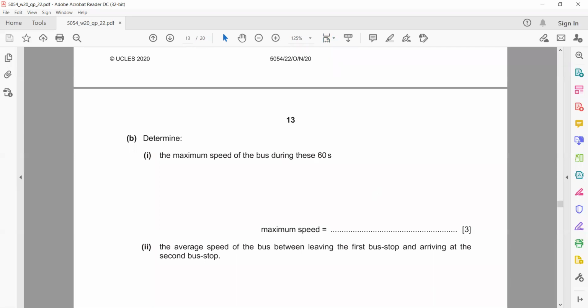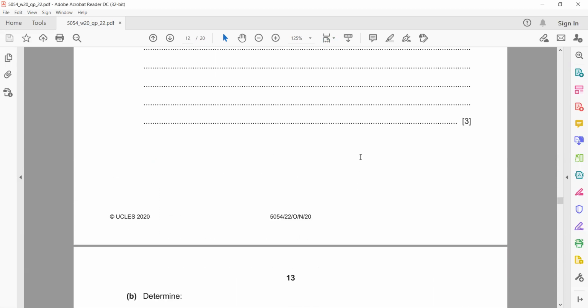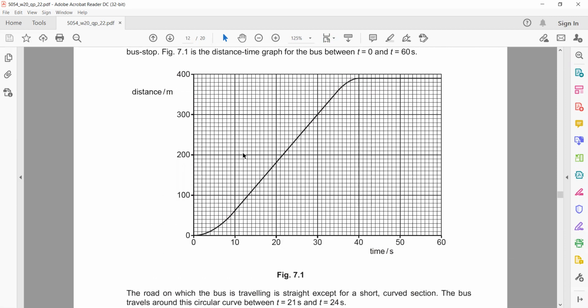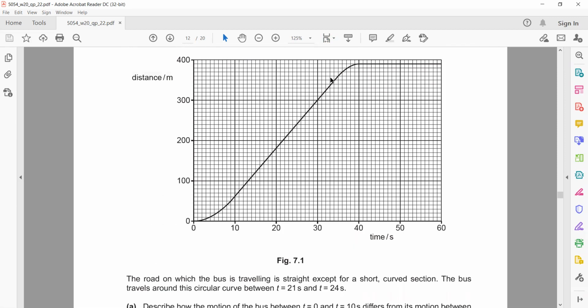So what we have to do is, because in a distance-time graph the slope represents speed, we have to find the region where it has the maximum speed. Here the slope is increasing, and in this region it has the maximum speed. So take any 2 points and find the gradient, which is y2 minus y1 over x2 minus x1, to get the maximum speed.